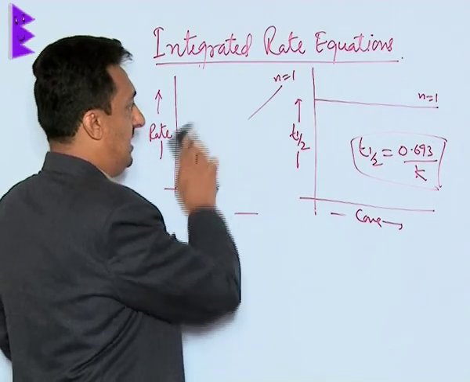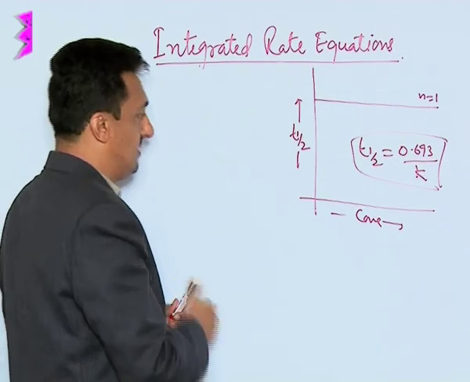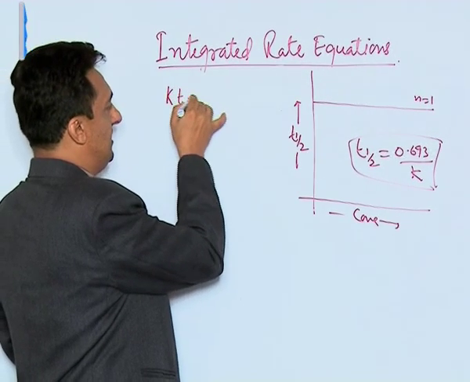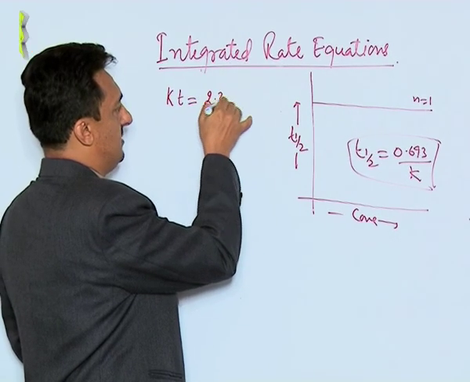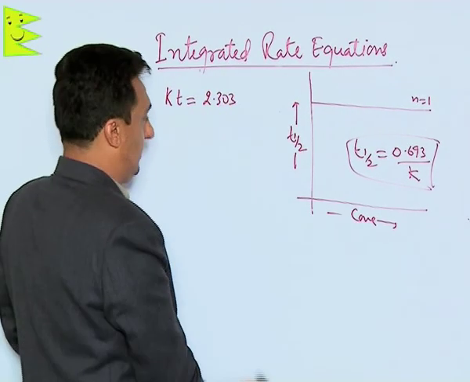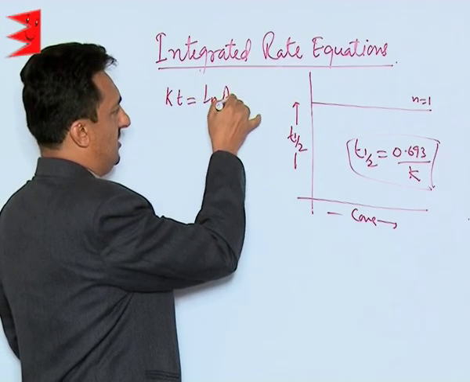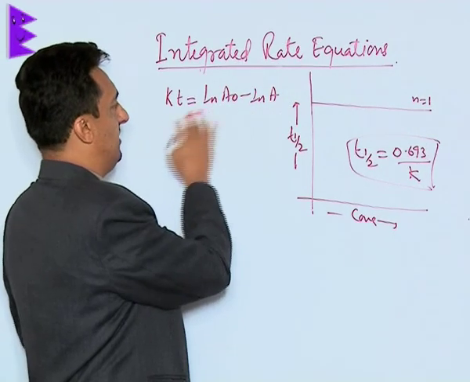And we can have one more graph, which is the graph for the integrated rate equation. We have kt is equal to 2.303, or we can take the natural log of a naught minus natural log of a. What we can do is just shift them.